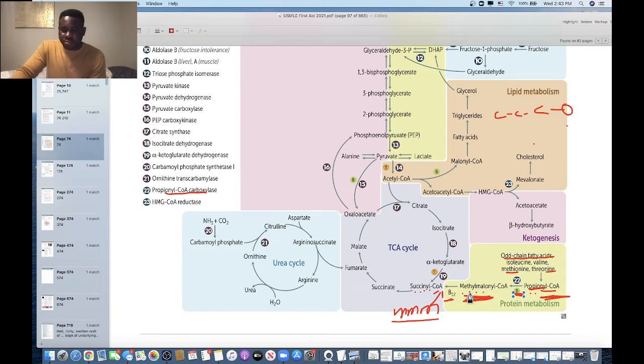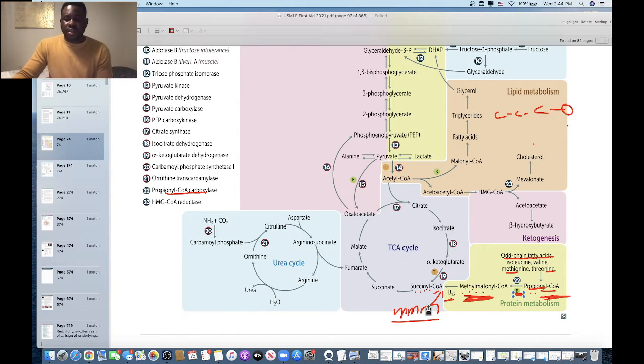If methylmalonyl CoA is low, the problem is from here. If propionyl CoA is high, the problem is here. But if both of them are high, the problem is from this angle. So please take note.